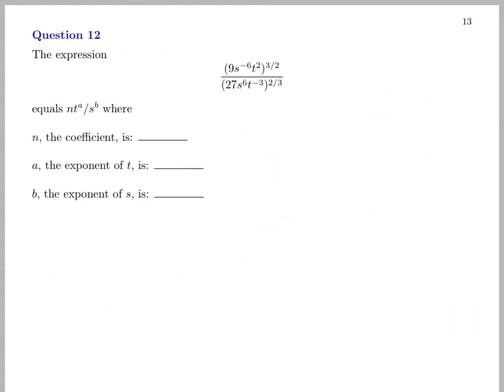Okay, now we want to simplify this expression, so we can distribute the exponents. So we're going to have 9 to the 3 halves times s to the minus 6 to the 3 halves times t squared to the plus 3 halves, sorry, 3 halves.